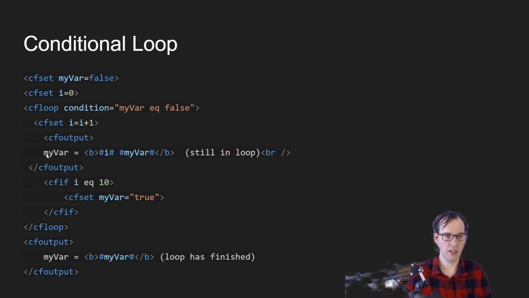So here in the output, I wrote down myvar is currently I, which is 1 at the first row, the first time it goes through. And then myvar, which is false, and it says still in loop.